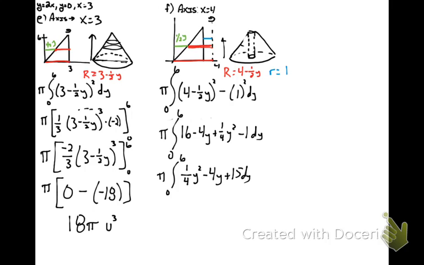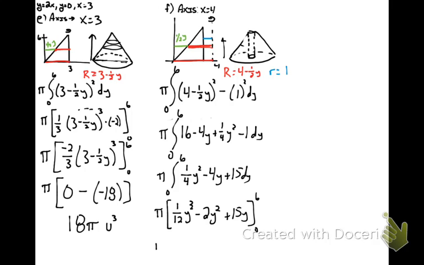When we integrate this, this becomes pi times the integral: 1/4 y squared is 1/12 y cubed, minus 2y squared, plus 15y, and again that's from 0 to 6.